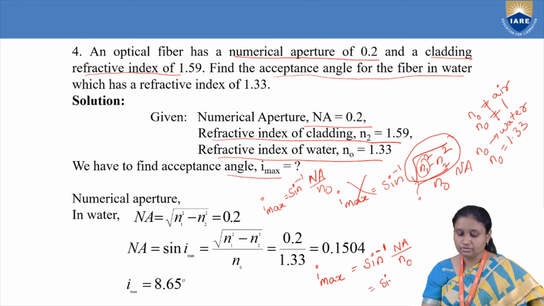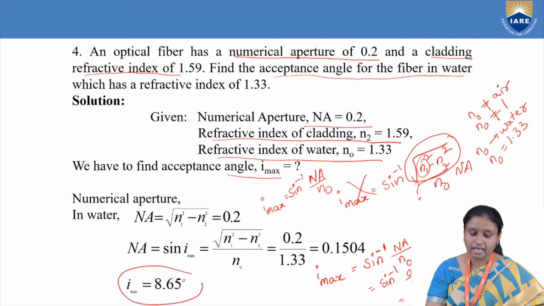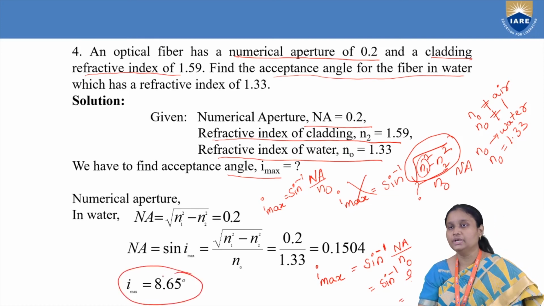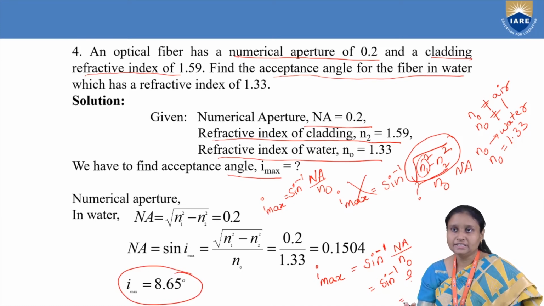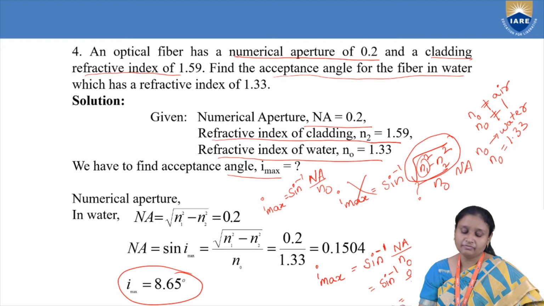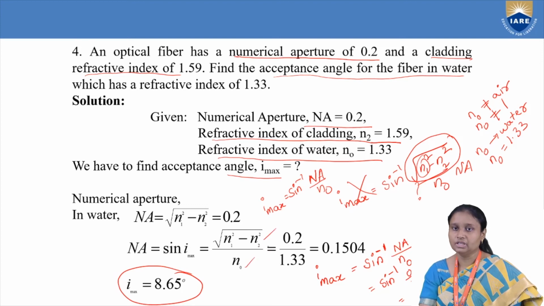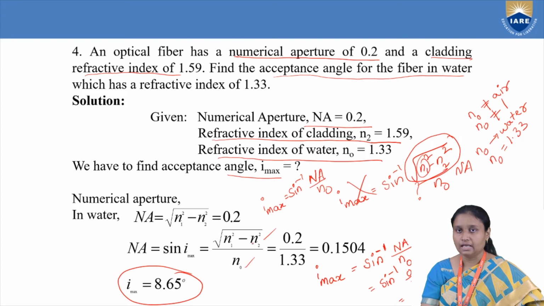So it is sine inverse of 0.2 by 1.33. If we do it, we end up with our acceptance angle as 8.65 degrees. There is a slight change from the problems we have done previously. Here, if the outside medium is given, we have to consider this formula. Then we can have our acceptance angle.